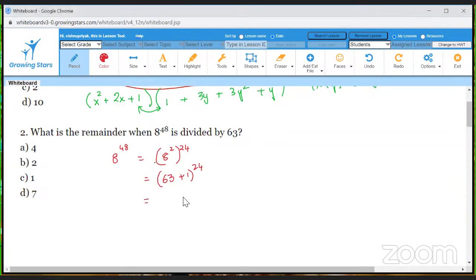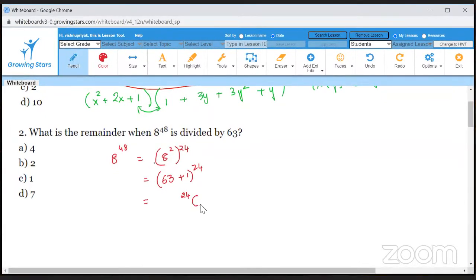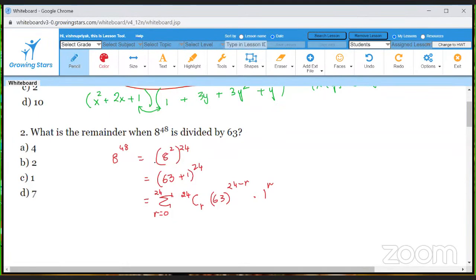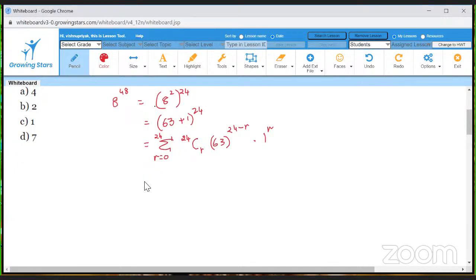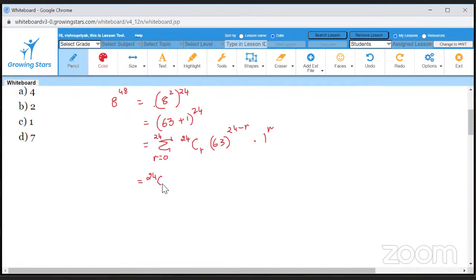If you use binomial theorem, the general term will be nCr x power n minus r a power r. These all you will be adding. r will start from 0 to 24. Like this, you can write the binomial theorem in short. Now, if you expand this, instead of writing directly, you can expand also. First term will be 24C0.